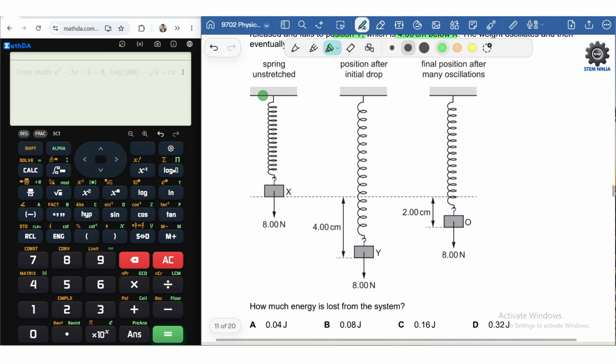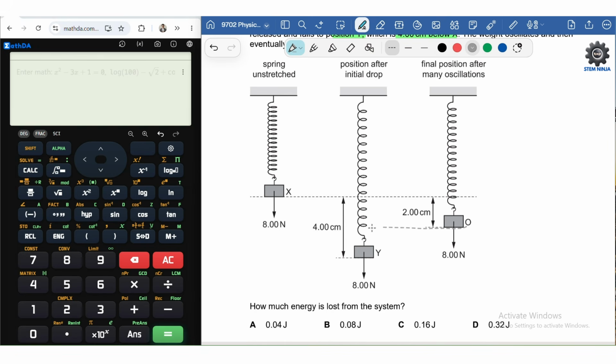Okay, so to find that, we need to set up a reference line. This is the reference position where we will actually find out K. This is your unstretched point, and this is where you will find your K. Because when it is at equilibrium, F is equal to Kx.